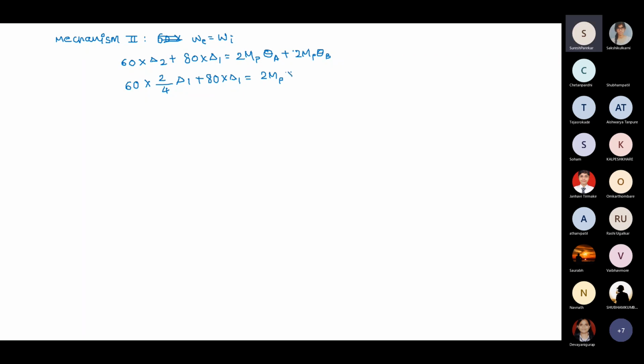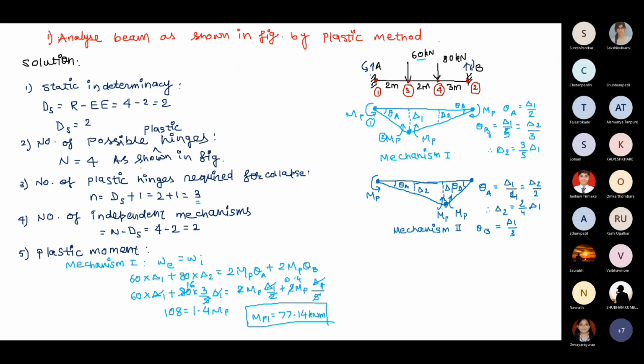Theta A is delta 1 by 4. And theta B is delta 1 by 3. बराबर है? Yes, sir.